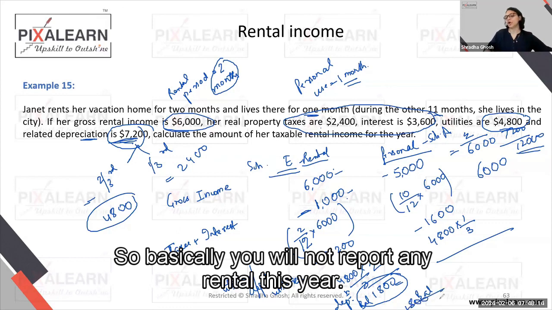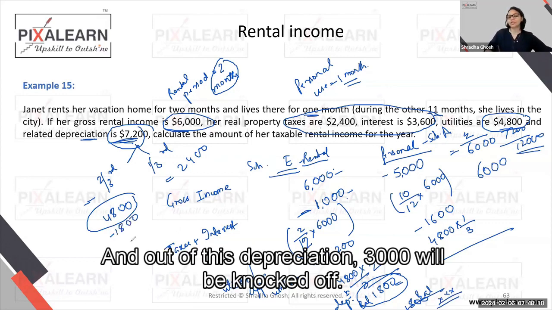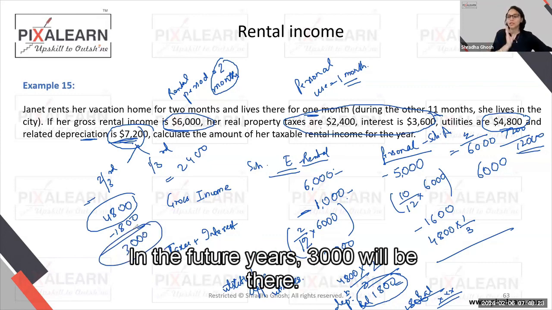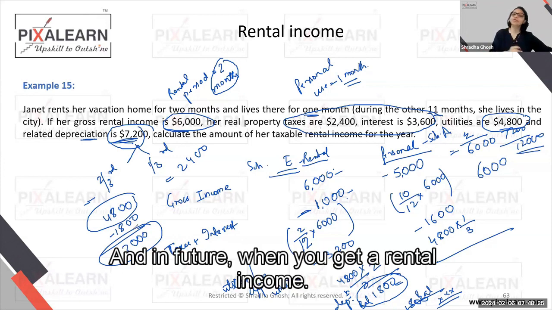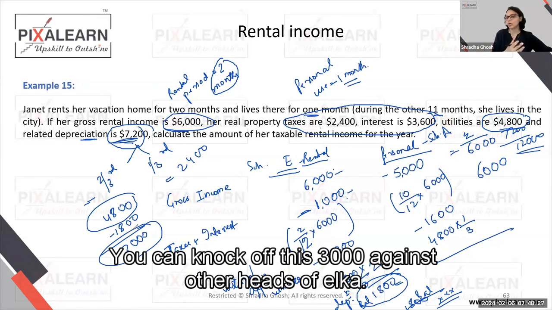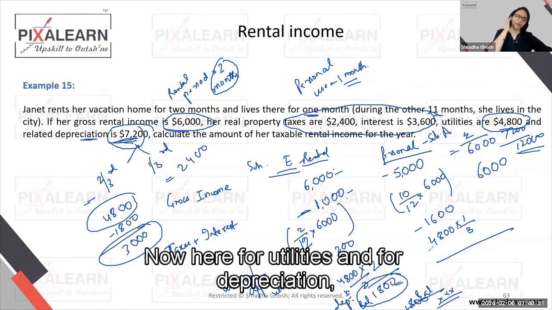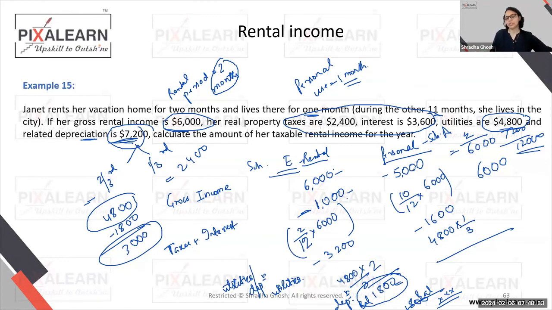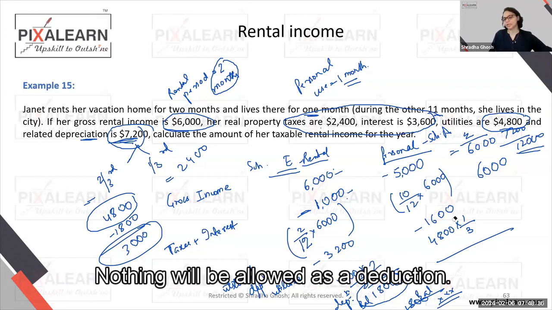So basically, you will not report any rental income this year. And out of this depreciation, 3,000 will be carried forward to future years. In future, when you get rental income, you can knock off this 3,000 against it.